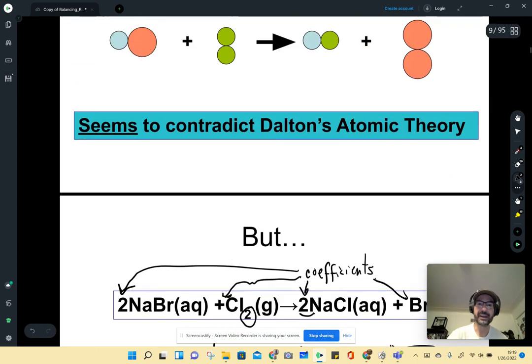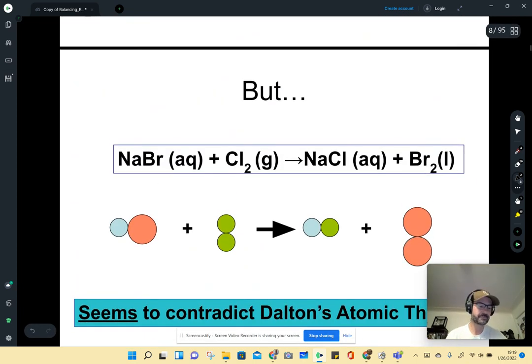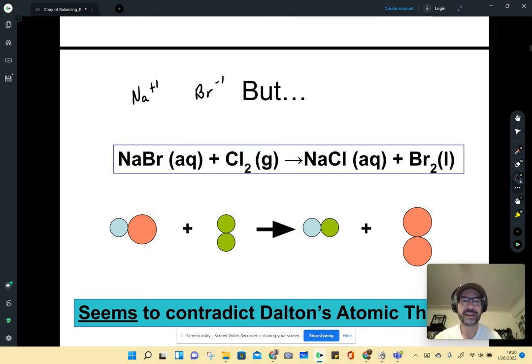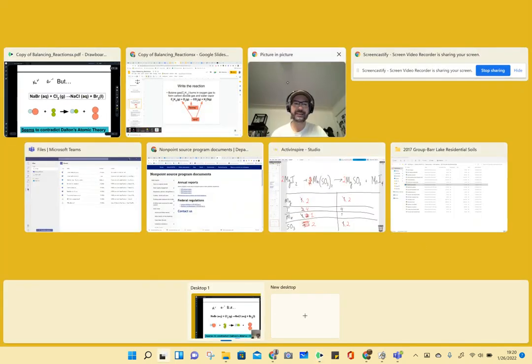Because if we could do that, well, we'd say, oh, there are 2 bromine here, I'm just going to put a 2 here. You can't do that. Remember that sodium's got a +1 charge. Bromine's got a -1 charge, so it's only a 1-to-1 ratio. So this would never have an NaBr2. All right, my 5 minutes is up. Hope this helped.